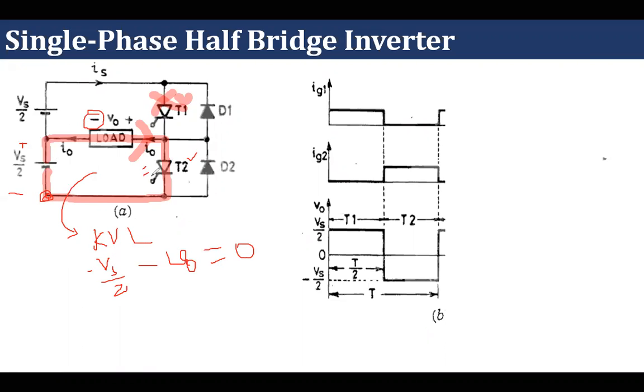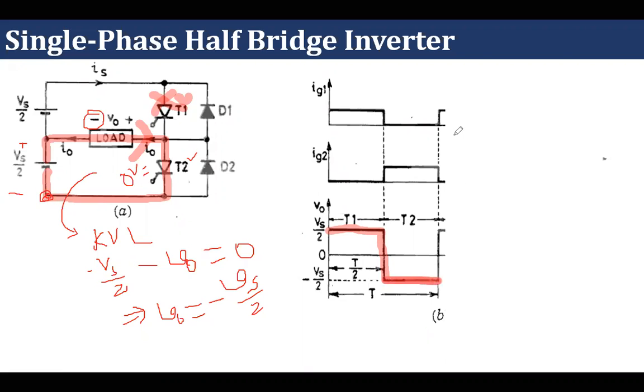Practically there is a voltage drop, but for theoretical understanding, we can consider this voltage drop equal to 0, and so V0 will be equal to minus Vs upon 2. In the earlier case voltage was plus Vs upon 2, in this case it is minus Vs upon 2, so it will appear on the negative side.